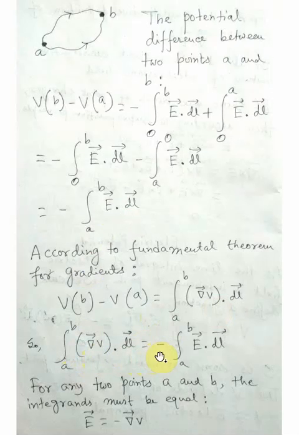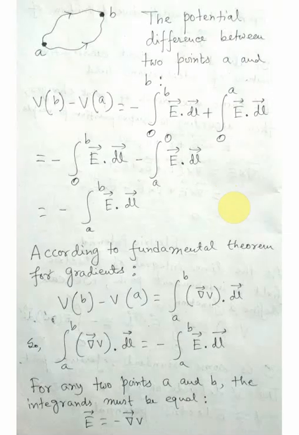From here we can easily write the integral from A to B of gradient V dot dl equal to minus the integral from A to B of E dot dl. For any points A and B, the integrands must be equal, right? So gradient V is actually minus E, so E equals minus gradient of V. This equation is very important, and we can use it later to find the potential.